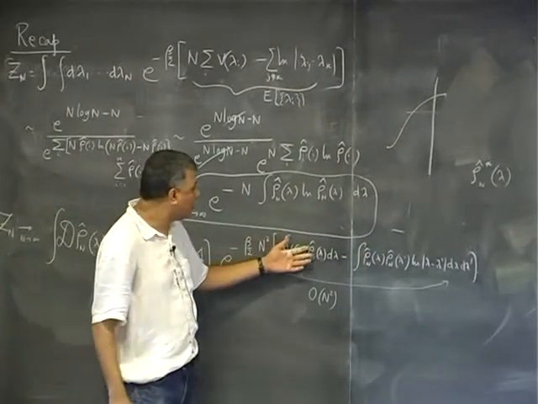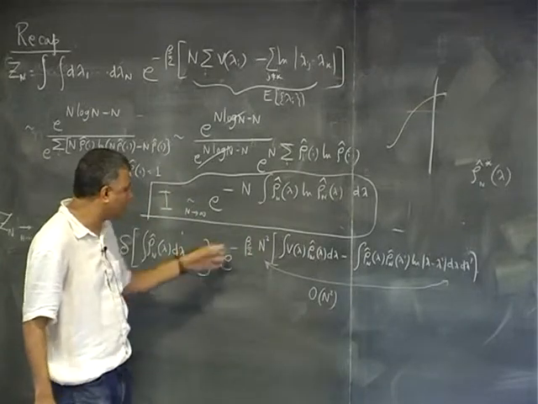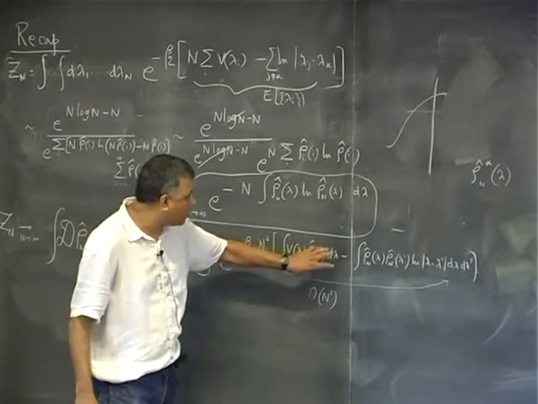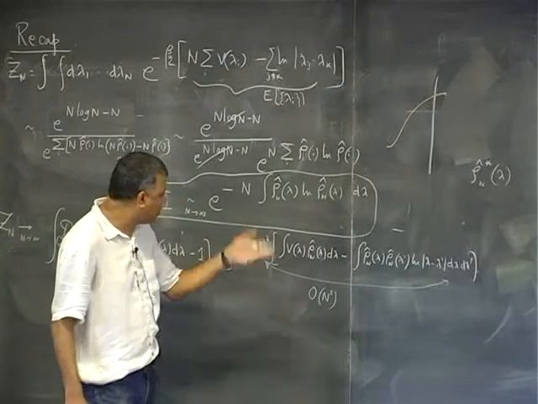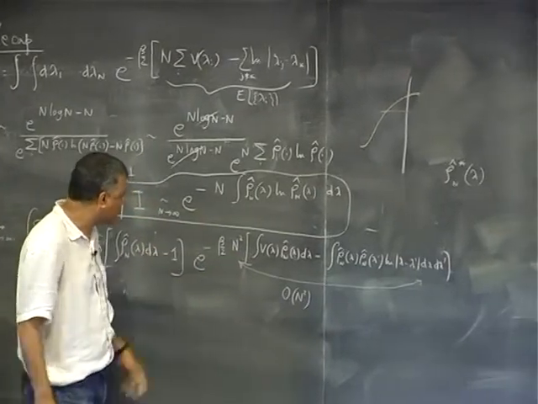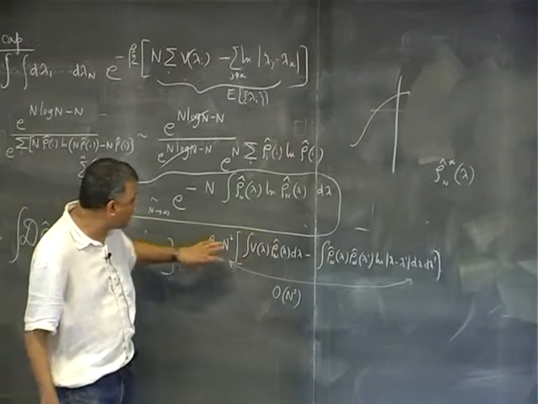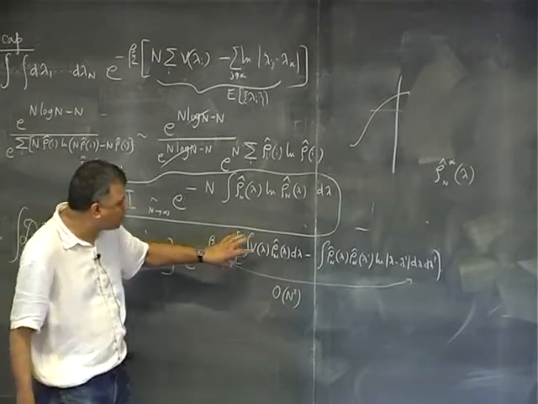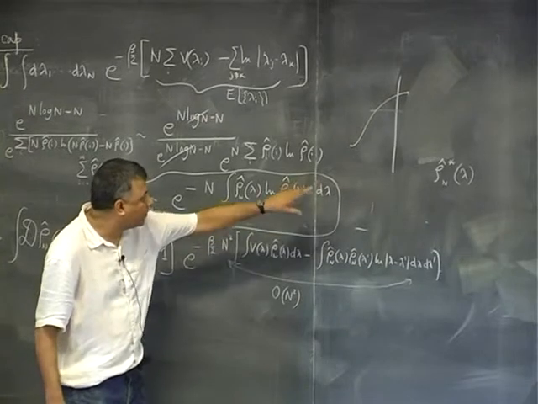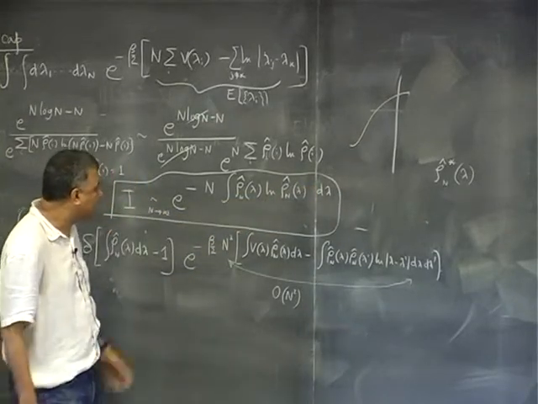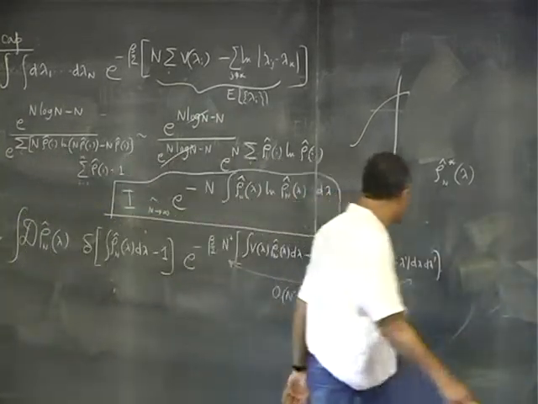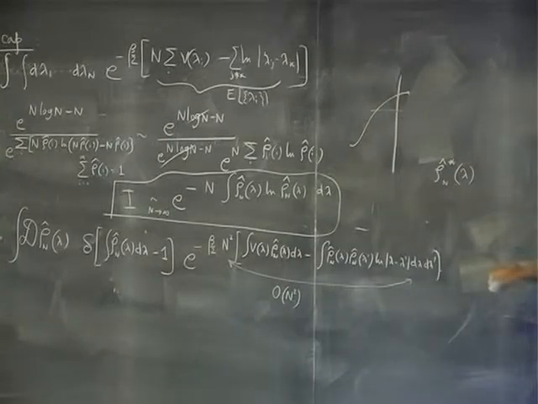That is the one which will be dominant in the large n limit, because all the other guys will have a value of the action larger than that, and therefore they will be negligible. Okay, they'll be sort of killed because of the large n. So basically, in the large n limit you are going to pick up the contribution mostly from the density that minimizes this action. Okay, so this is the heart of the saddle point method.